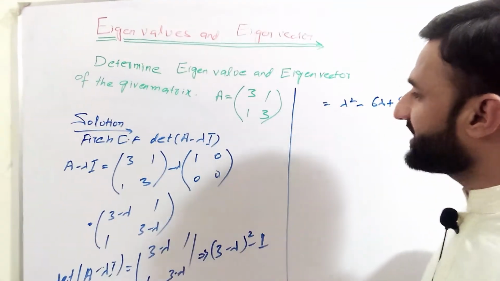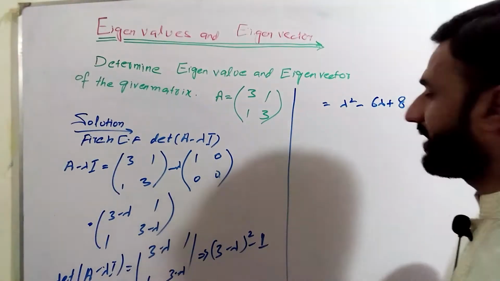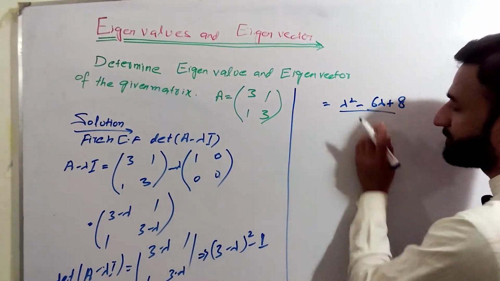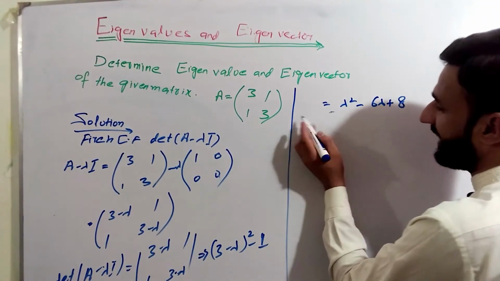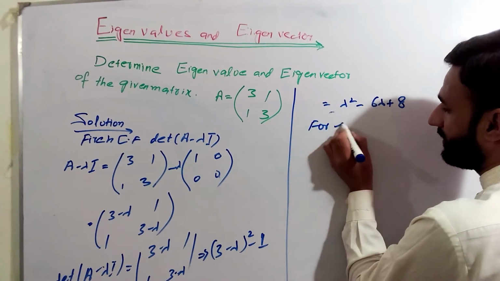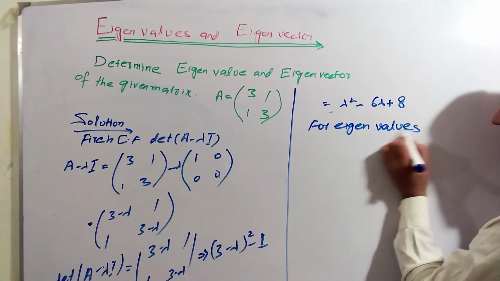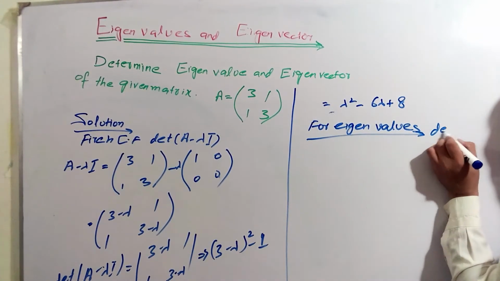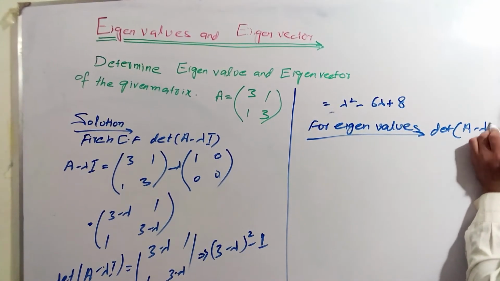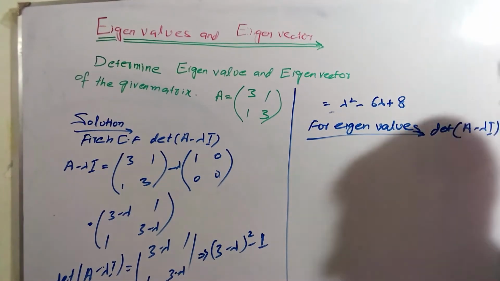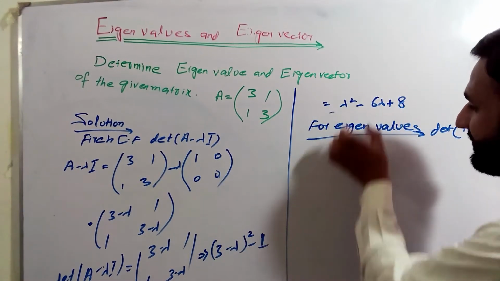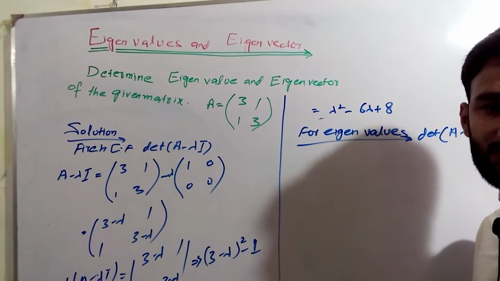Now we find out the eigenvalues. For eigenvalues, this must be equal to 0. So for eigenvalues, the determinant of A minus lambda I is equal to 0. Now we put the characteristic polynomial equal to 0.